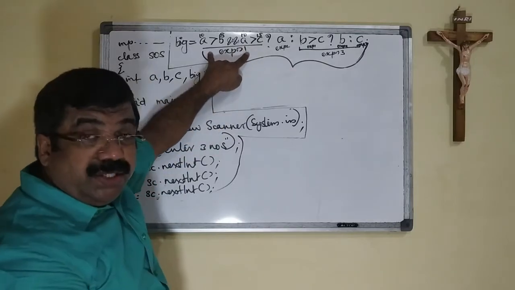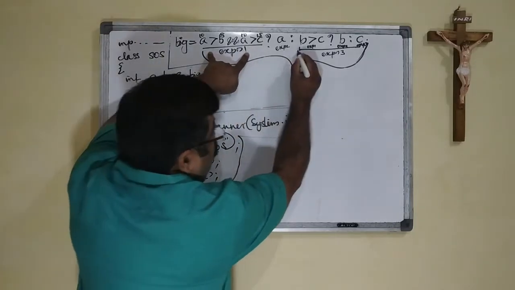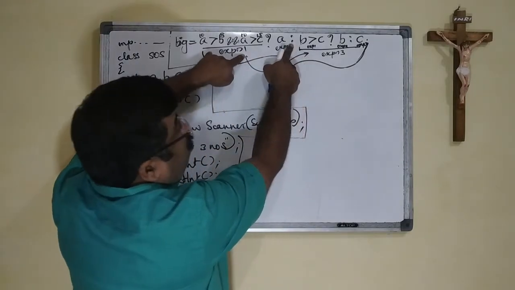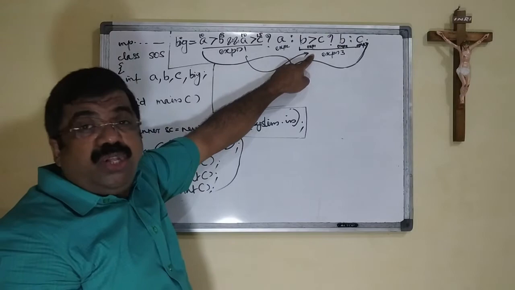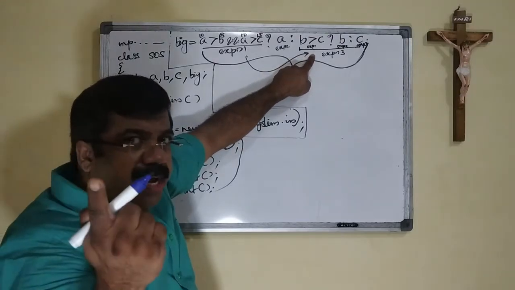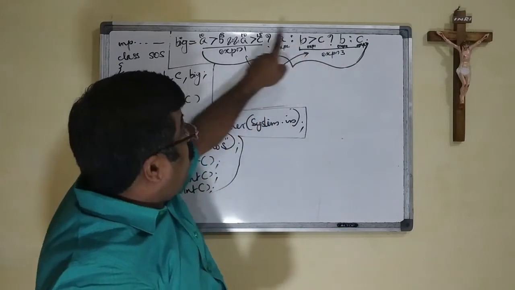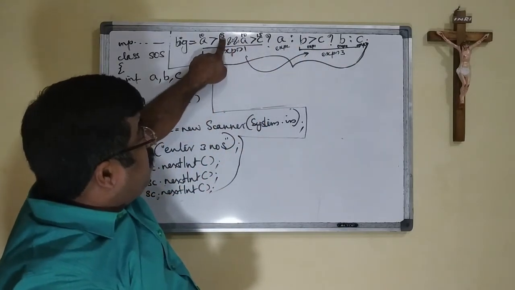Since this part is not true, we will go to the statement which is given after the colon, the expression 3. There we are comparing whether the B is greater than C. What is the value of B? B is 8.